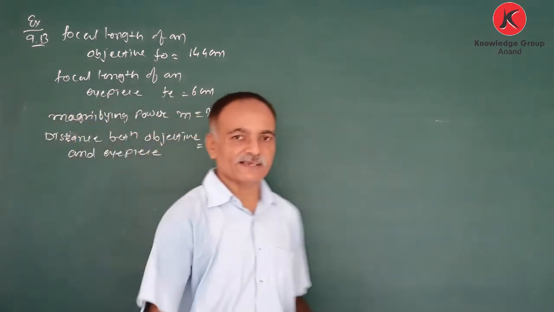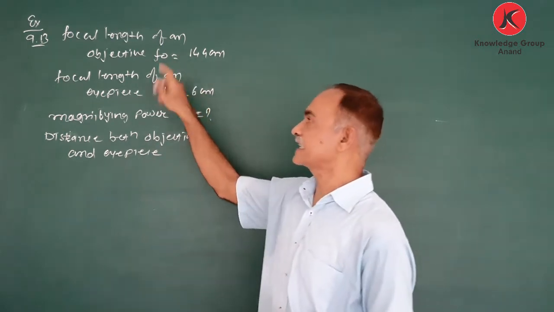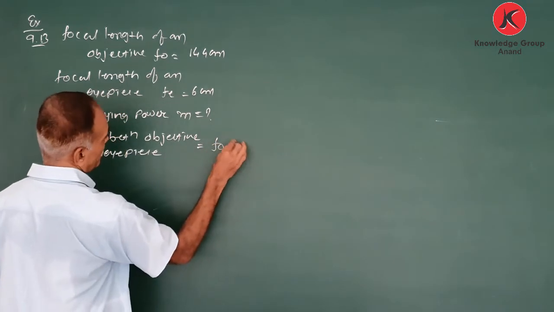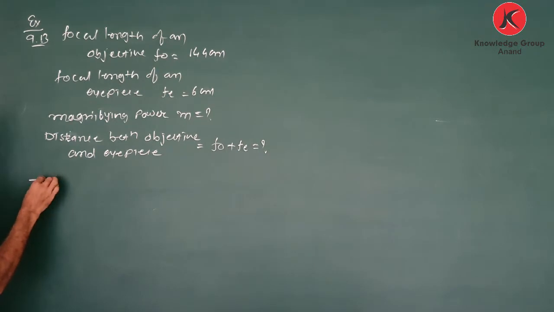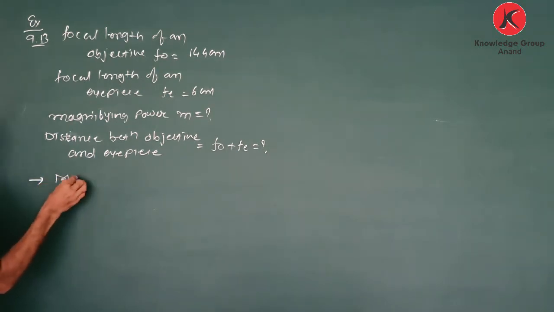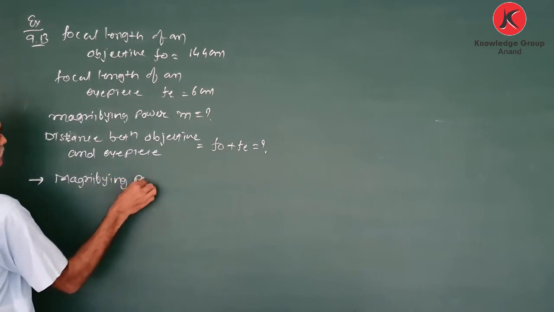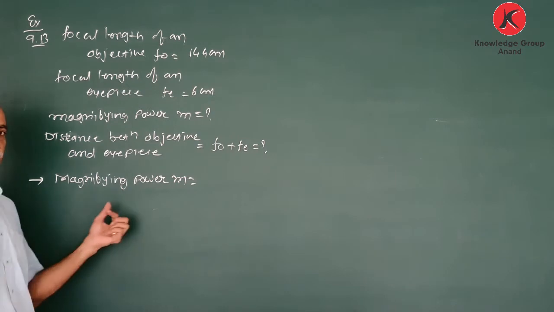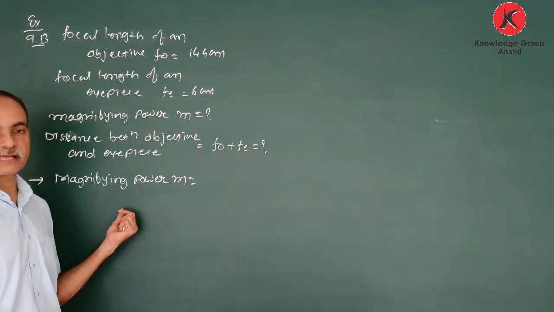Distance between the objective and eyepiece is the addition of the focal length of objective and focal length of eyepiece. That means FO plus FE. Now first, magnifying power. M is equal to, already we discussed for the telescope, what is the equation of magnification or the magnifying power?